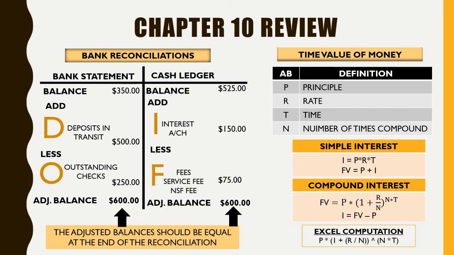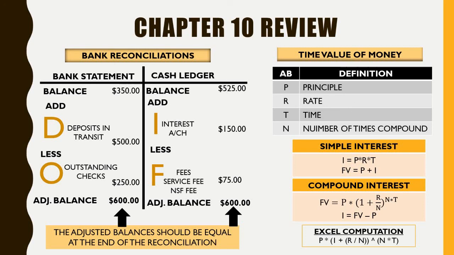Okay? So on your bank side, you're going to have your deposits in transit, and you're always going to have your outstanding checks. Where on the cash side, you're always going to have your ifs: any interest, so ACH included, and any fees that you have to pay.